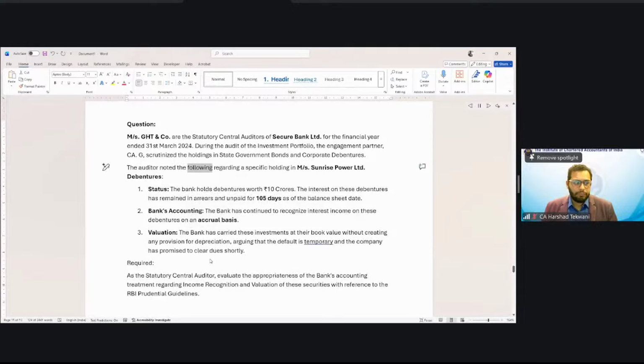The auditor noted the following regarding a specific holding in M/s Sunrise Power Limited debentures.